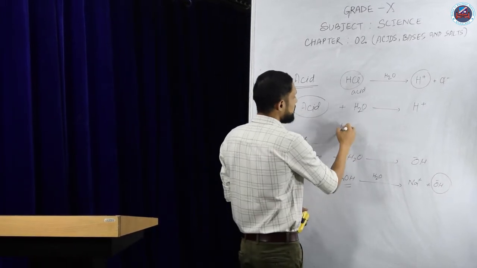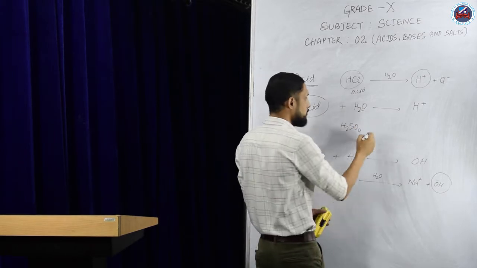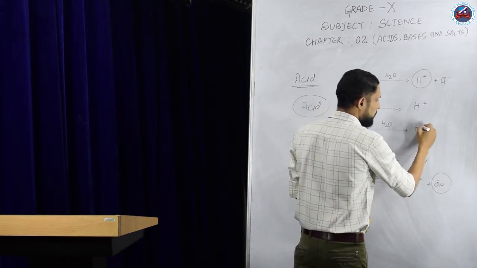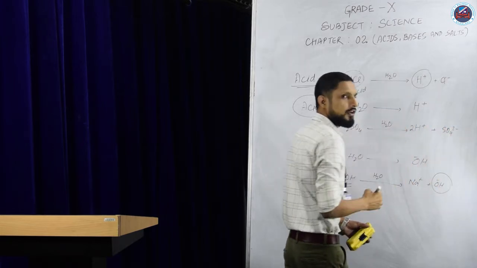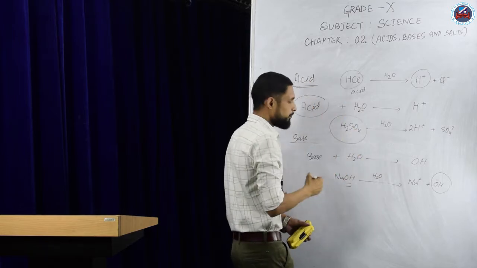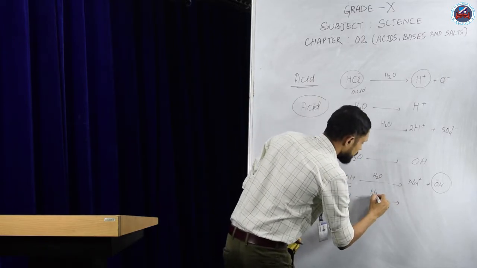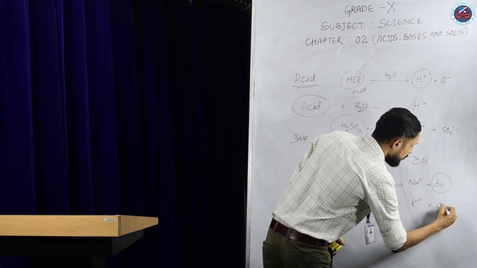You can take more examples like H2SO4, which is known as sulfuric acid. If you dissolve it in water, you'll get H positive and SO4 2 negative. Now since it gives out H positive, it's an acid. You take KOH, dissolve it in water, you get K positive and OH negative.